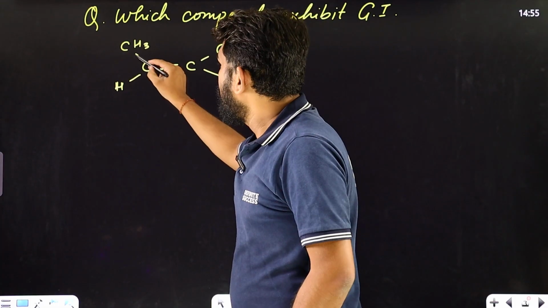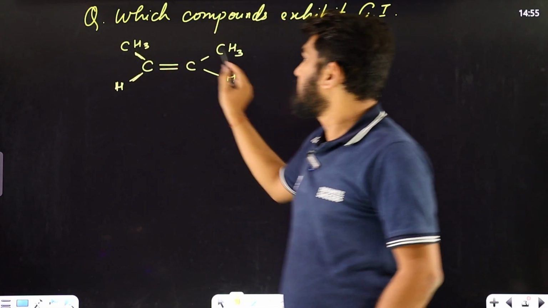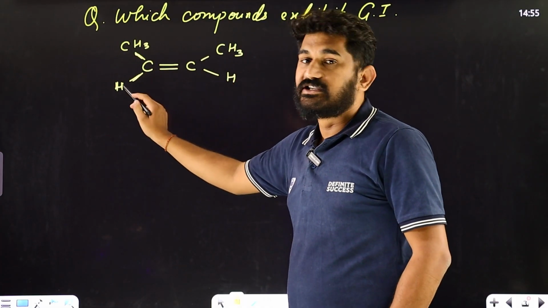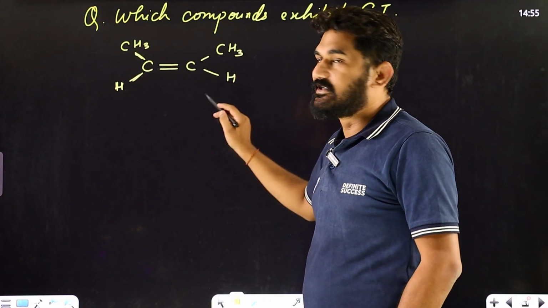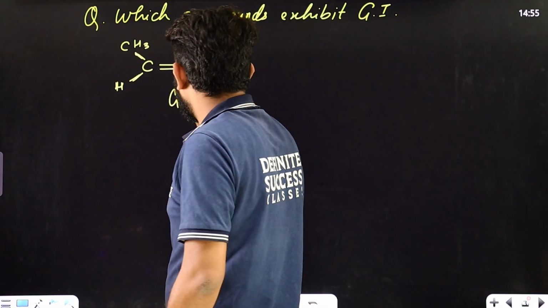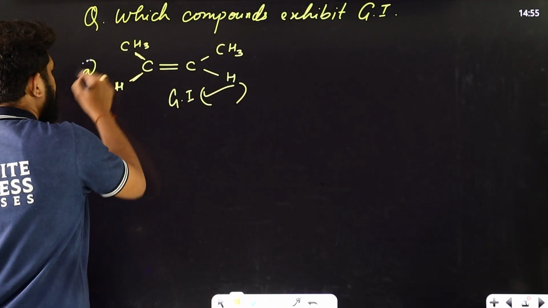I am talking about groups attached to a particular carbon. Don't say that this CH3 and this CH3 are the same. They are attached to different carbons. To this carbon, CH3 and H is attached, and to this carbon, CH3 and H is attached. They are not similar groups, so this will show geometrical isomerism, right?